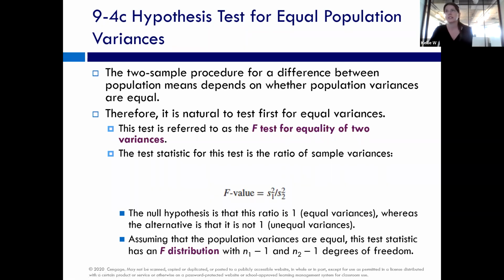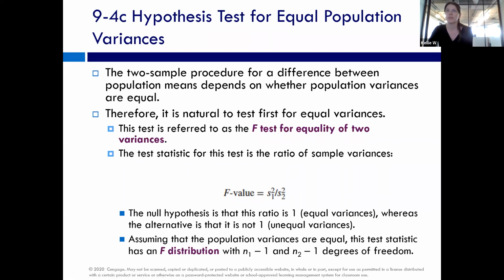And there's a test statistic for that. So the null hypothesis is that this ratio is 1, they're equal. So the sample variance for population 1 is divided by the sample variance for population 2. Since they're the same, those equal 1. And the alternative would then be not 1.